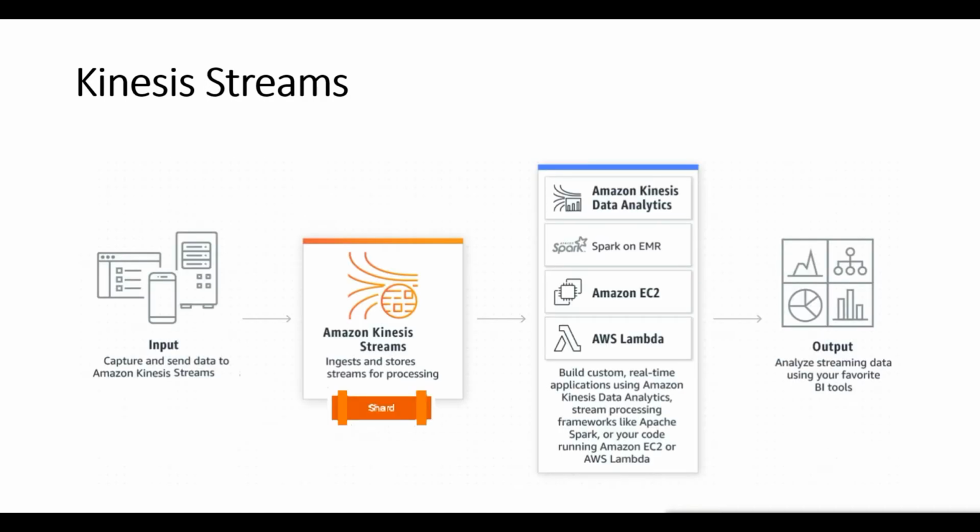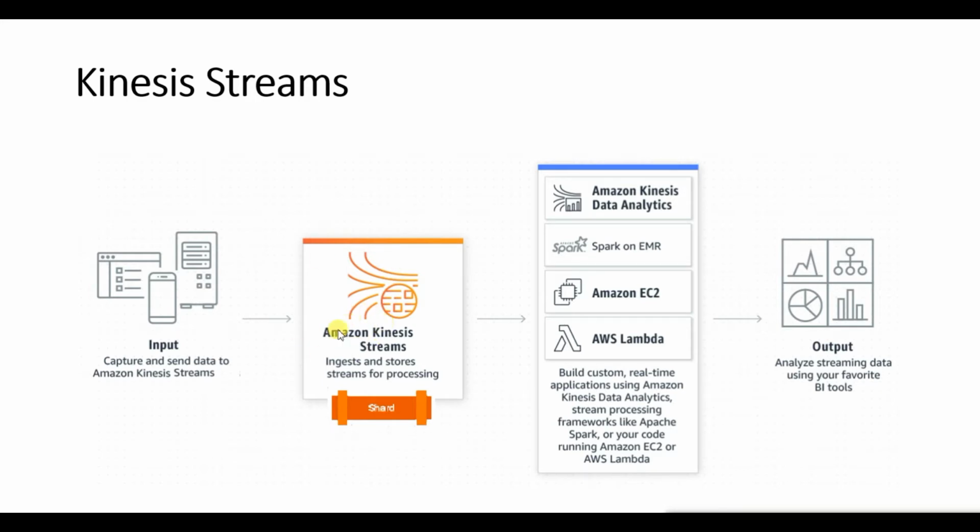This is a sample diagram available on the Amazon site itself for Kinesis Streams. So here the input streams data into the Kinesis. The input, which captures and sends data to Kinesis Stream, can be your EC2, your mobile, your laptop, or any IoT device.